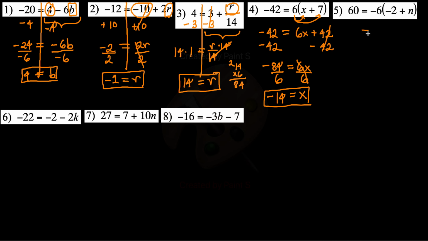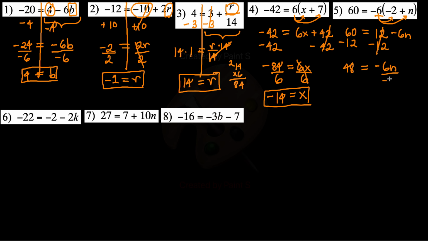Again, similar first step. Simplify as much as you can. So you've got to distribute a negative 6 into both of these two terms. So negative times a negative is positive 12. Negative times a positive is negative 6n equals 60. You minus 12 on both sides here. 0, negative 6n is equal to 60 minus 12 is 48.